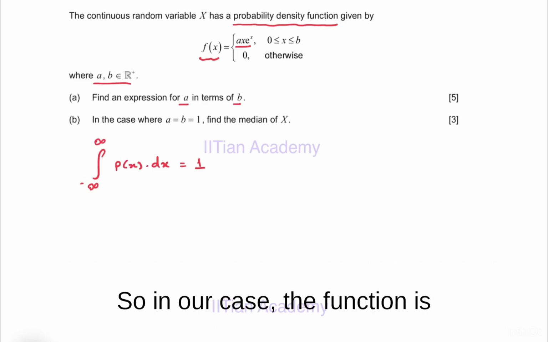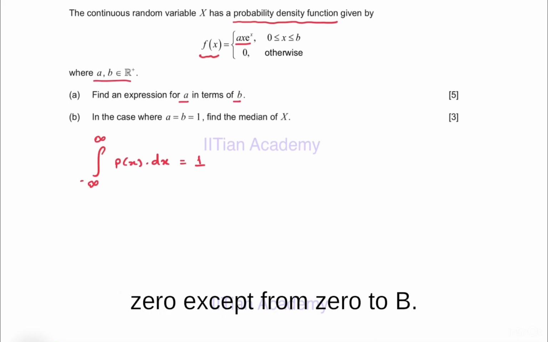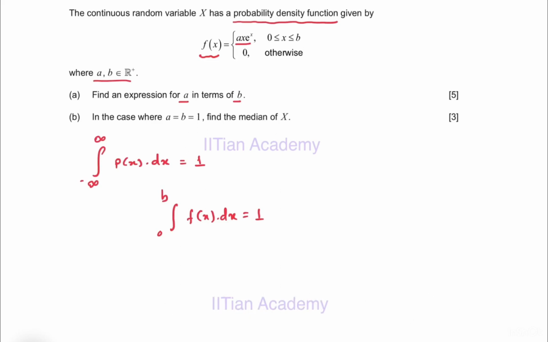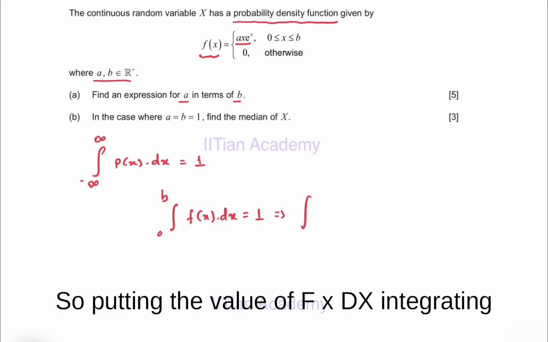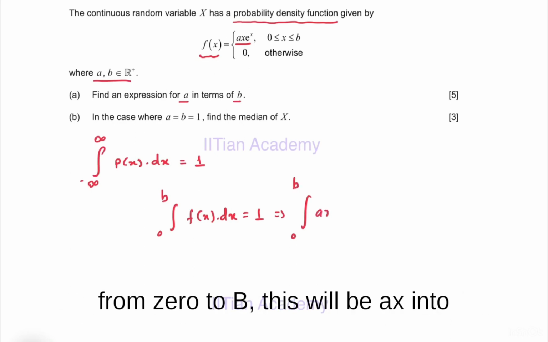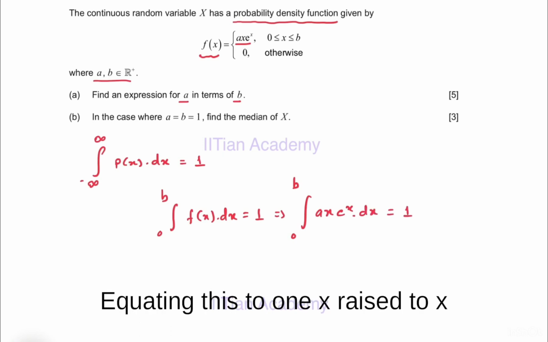So in our case the function is 0 except from 0 to b, the integral of f(x) dx must be equal to 1. So putting the value of f(x) dx, integrating from 0 to b, this will be ax e^x dx, equating this to 1.